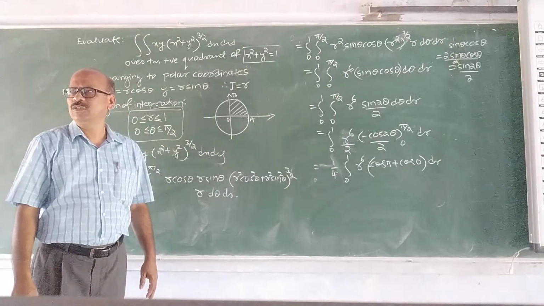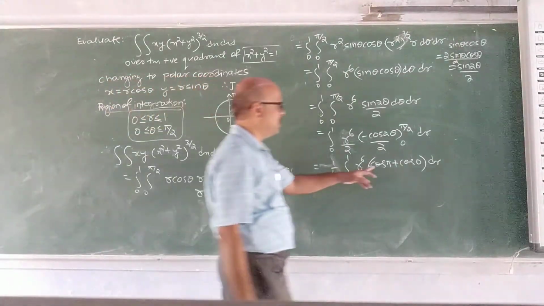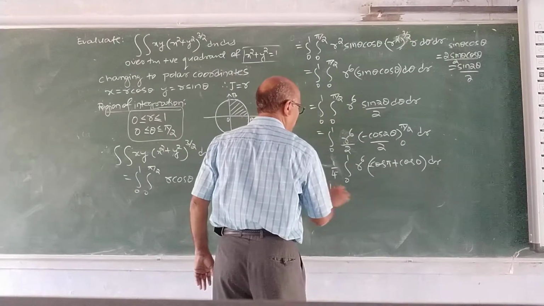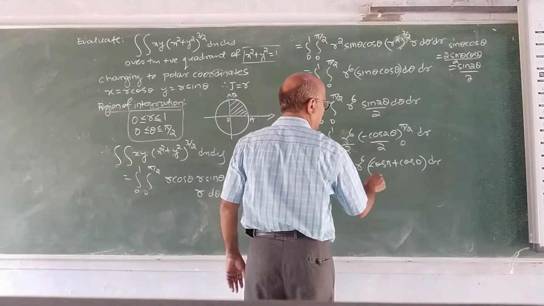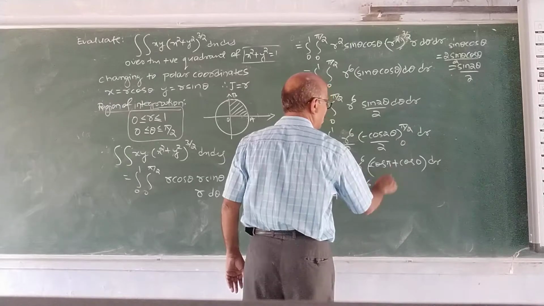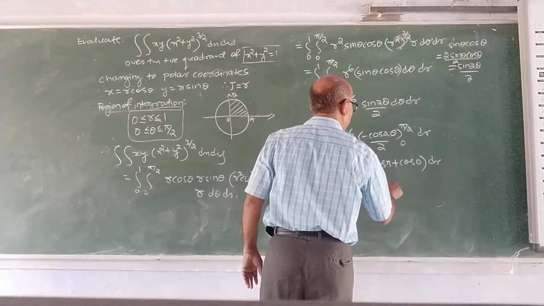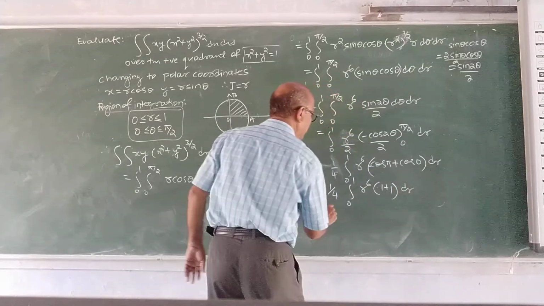I do not take minus 1 common. Minus cos pi plus cos 0. 1 by 4, 0 to 1, r raised to 6. What is cos pi? Minus 1. 1 plus 1 with respect to r.